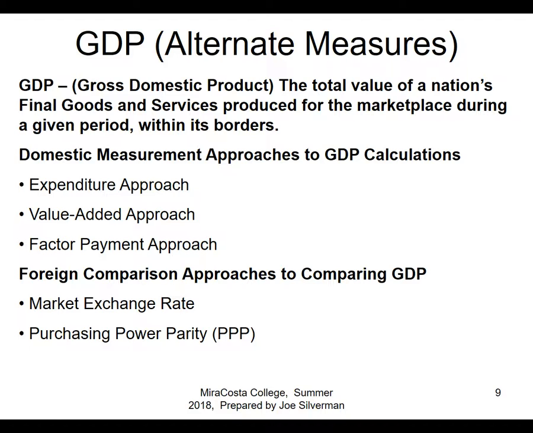But the idea is that once you bring Mexico's GDP in pesos over to dollars, now we can make an apples-to-apples comparison. Well, the problem with the market exchange rate approach, the thing that the purchasing power parity approach tries to resolve, is that a country's currency may not be properly valued. It could be overvalued, it could be undervalued, and even if a country's currency is properly valued, there may be differences in purchasing power.